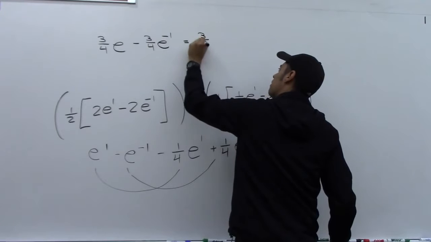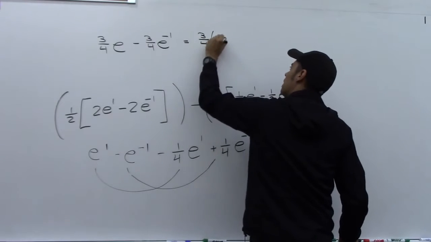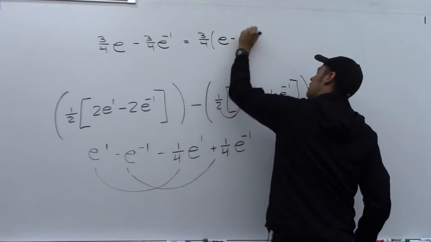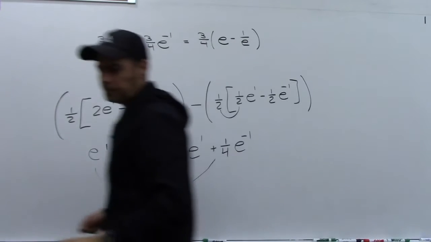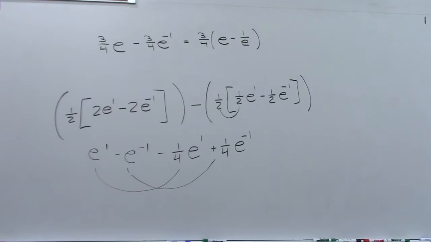This is the same as 3/4 e minus 1 over e. All right, that's it for that.